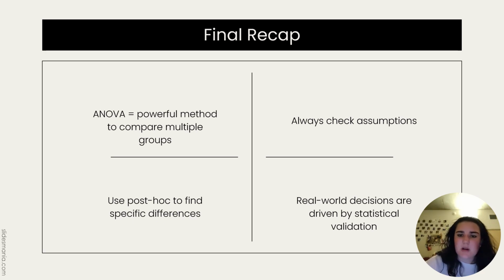Set up variables properly and request key tests like Levene's and Shapiro-Wilk. If the ANOVA is significant, use Tukey's HSD to find out which groups differ. And always connect statistical results to real-world meaning, like product strategy. Statistics gives us confidence to act, not based on guesswork, but based on tested, validated insights.